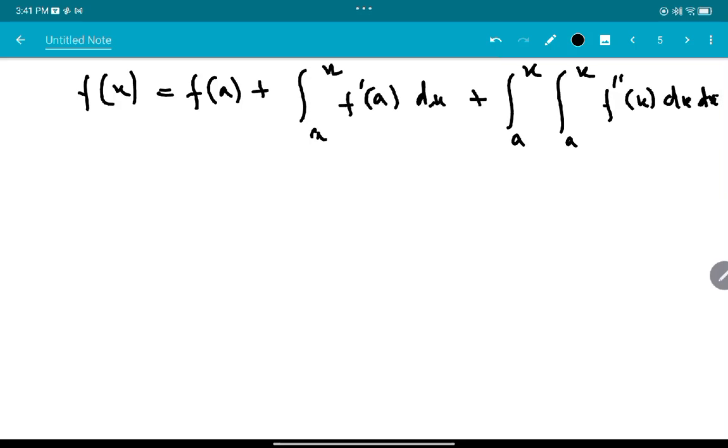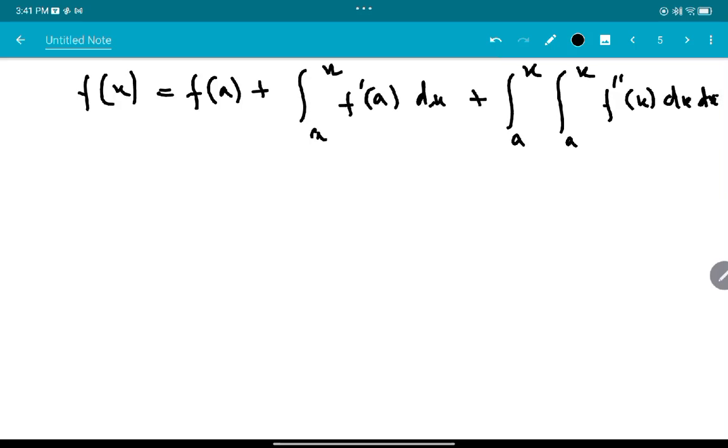Well, that is okay. Next, we have to apply this fundamental theorem of calculus again, but now for f''(x).